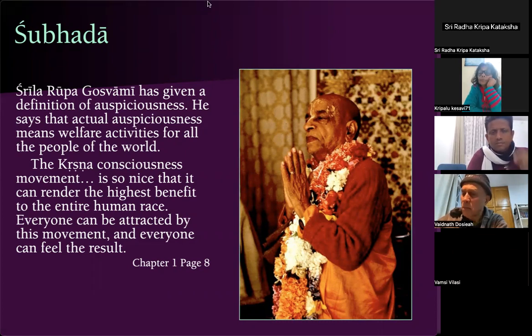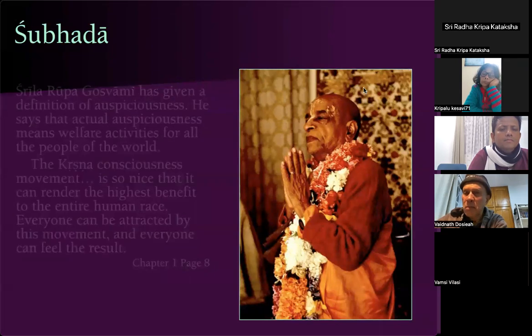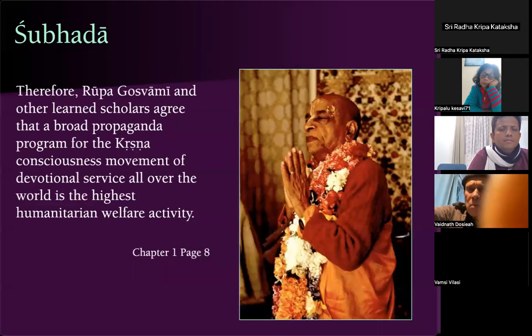Everyone can be attracted by this movement and everyone can feel the result. So this is the highest auspicious activity which we can share with the whole world, where a person will be free from all sinful reactions, have no more miseries in his life, and have all auspiciousness in his existence.